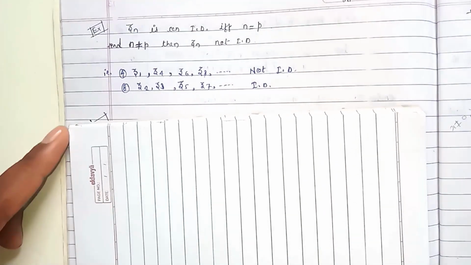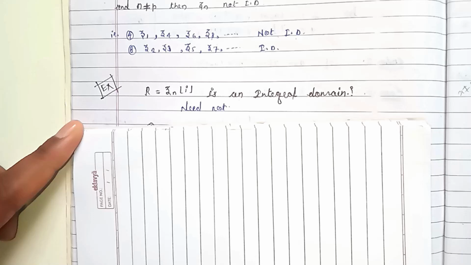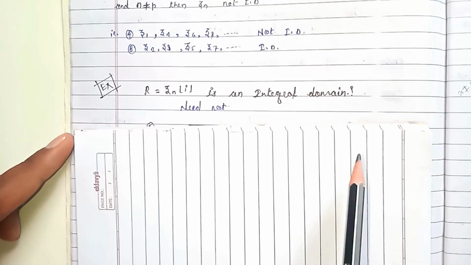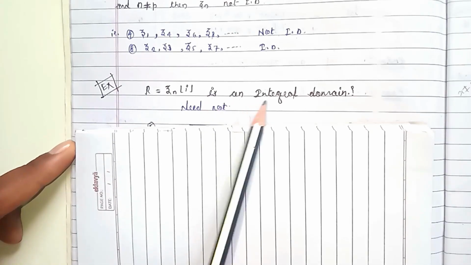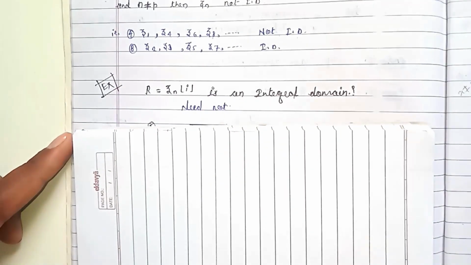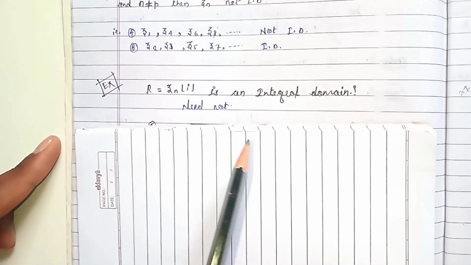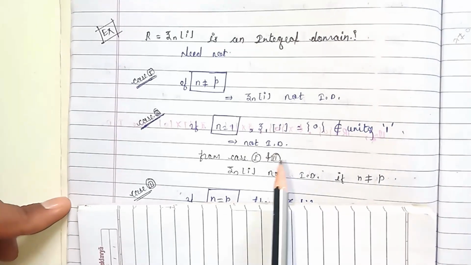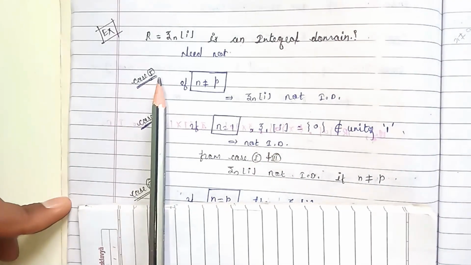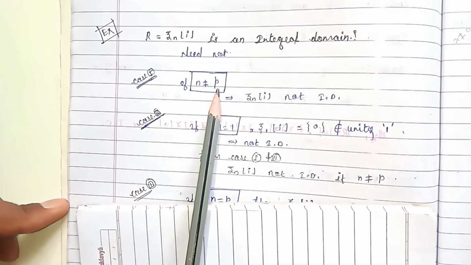Now let's find one more example: is the Gaussian integer modulo n, Zn[i], an integral domain or not? We cannot say either way, because it possesses both properties depending on n. Consider case first, n not prime.